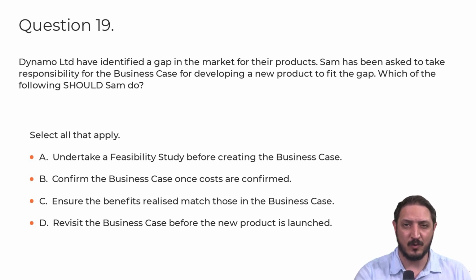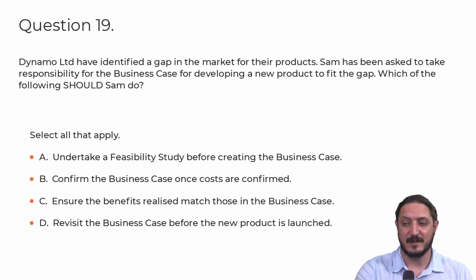And select all that apply. So the instructions here indicate that there's not just one answer. It's more than one. It could be two. It could be three. It's very unlikely that it'll be four, because there'll always be a distractor answer, an incorrect answer.